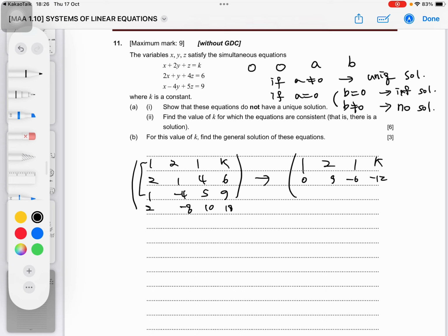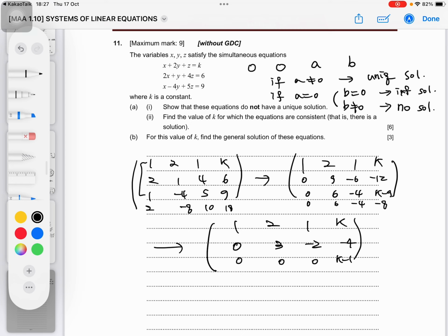And between number 1 and 3, 0, 6, negative 4, k minus 9. I will divide the second line by 3: 0, 3, negative 2, negative 4, just to make the numbers smaller for easier calculation. And I'll multiply by 2 here to calculate it with the last row. 0, 6, negative 4, negative 8. So 0, 0, 0, and k minus 1.